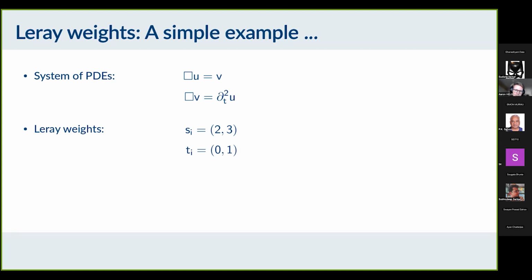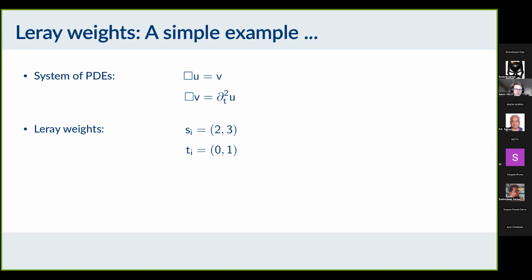Here it's a little simpler to understand it in terms of Leray weights, I think. And it's important that I'm only considering second order equations. I think the Leray theorem is not necessarily true for higher order than second order.